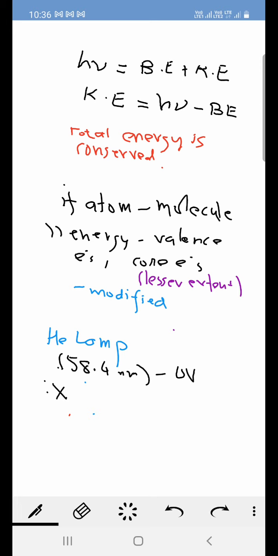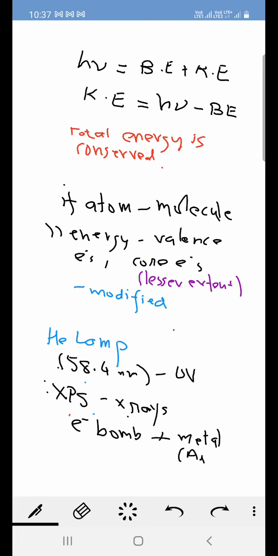In X-ray photoelectron spectroscopy, we are using X-rays as the high energy radiations, and we are producing these X-rays by electron bombardment of a clean metal target, which is mainly aluminum or magnesium or copper.